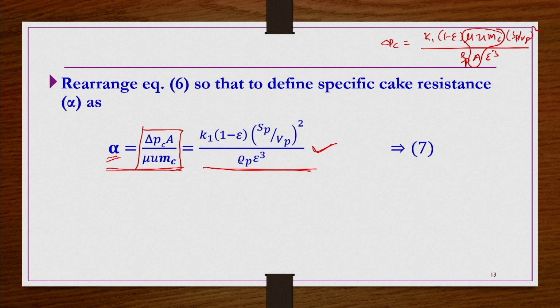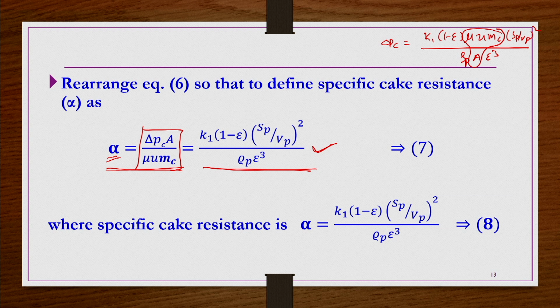If this alpha is independent of the pressure drop dP and independent of the position L, then we call it an incompressible cake. Here the specific cake resistance is nothing but this.